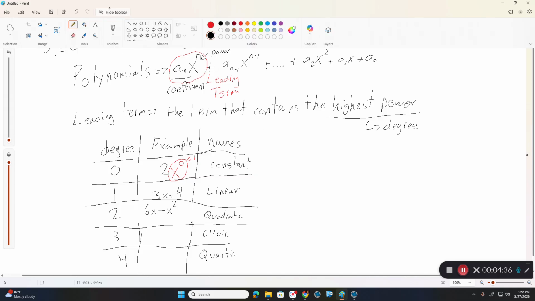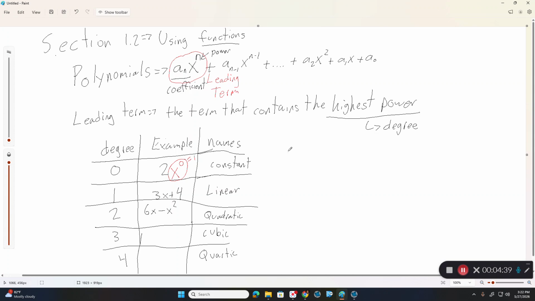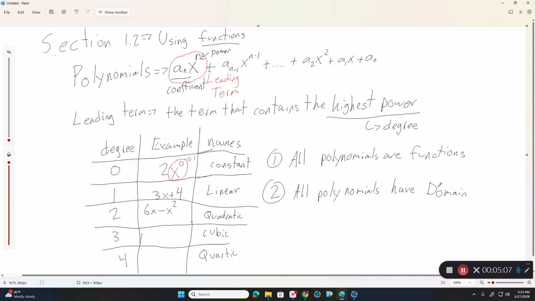Now, based on our polynomials, one really nice thing is all polynomials are functions, which means they all take each input into one and only one output. And something else that's nice, all polynomials have domain, and the domain is all real numbers.